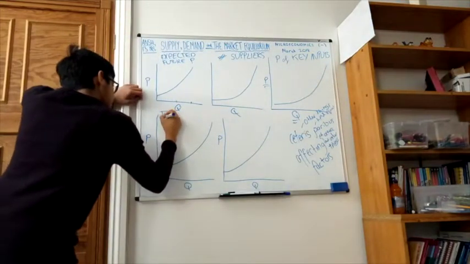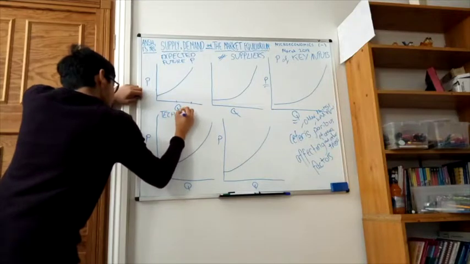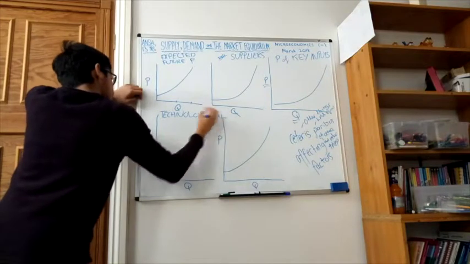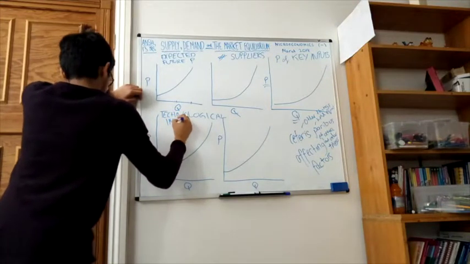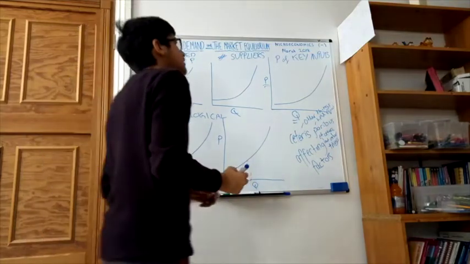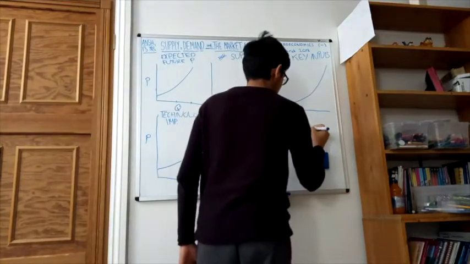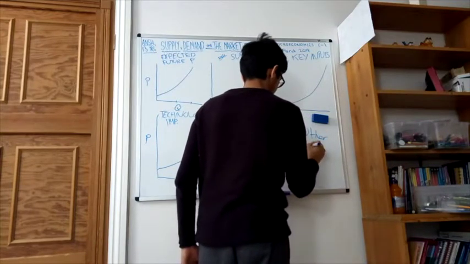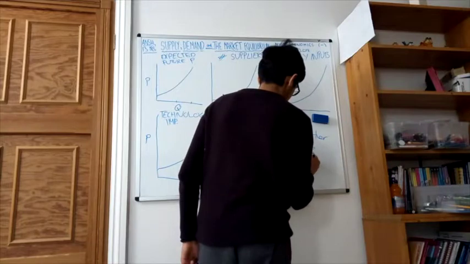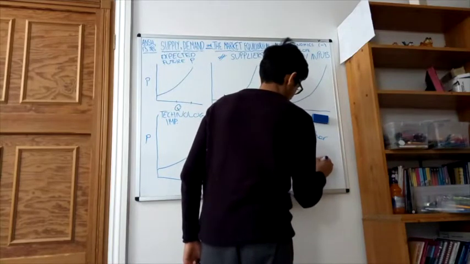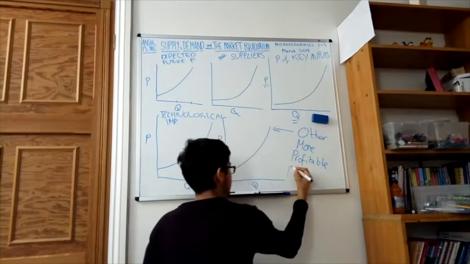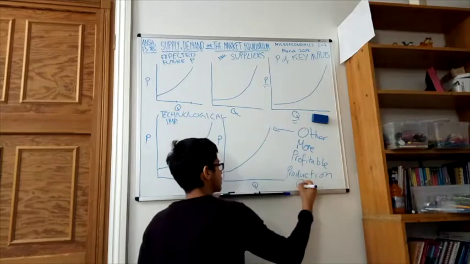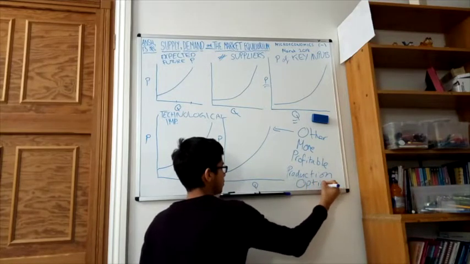This is technological improvements. And this one here is other more profitable production options.